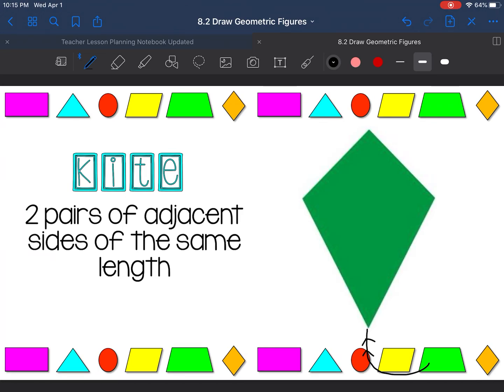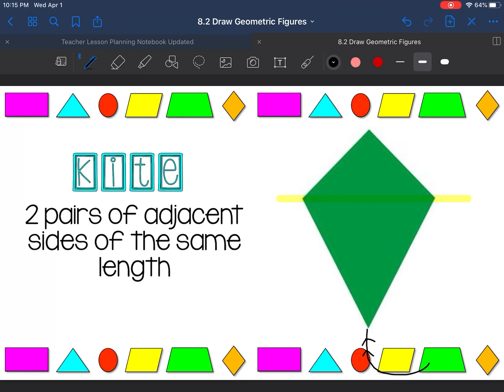So a kite has two pairs of adjacent sides of the same length. Now, if we look at this, we can see where it looks almost like it is broken up in half. So that would almost give us two triangles put together.